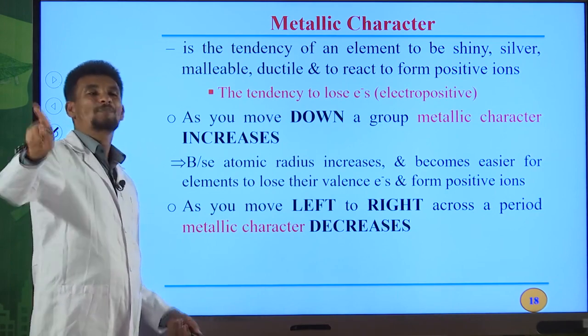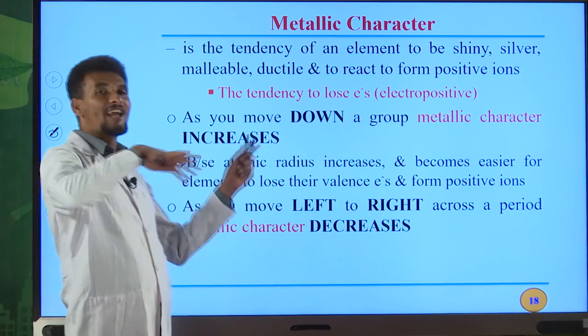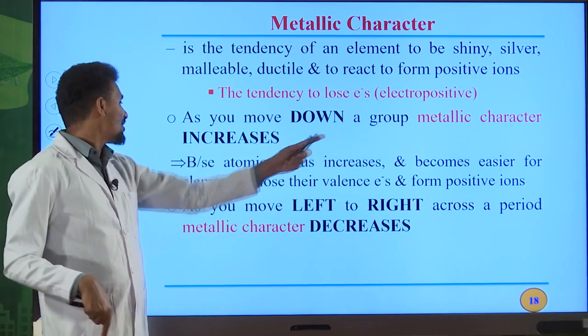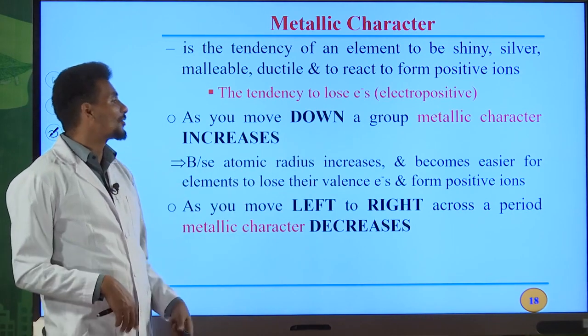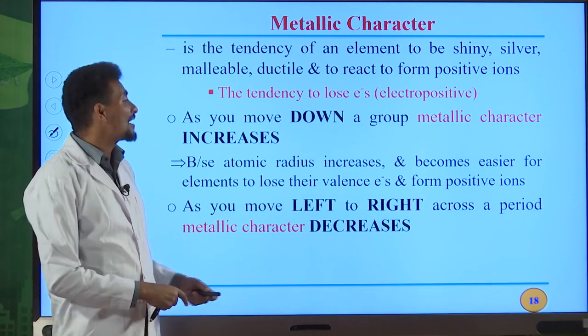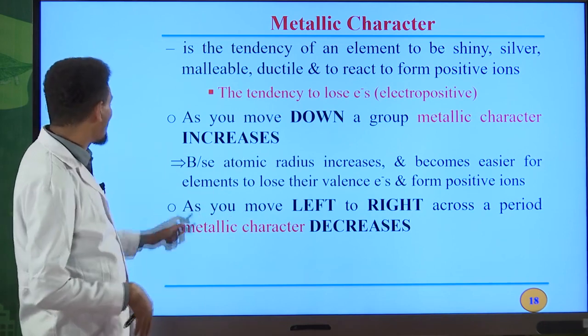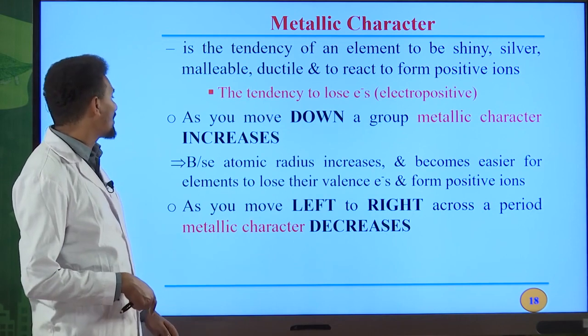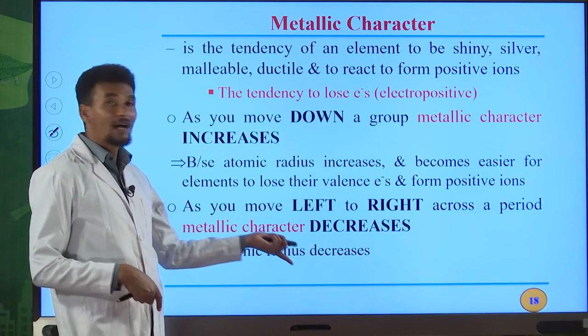Elements easily lose electrons when the shell increases because the attraction decreases. So it becomes easier for elements to lose their valence electrons and form positive ions when their atomic radius increases, because the attraction decreases. As you move from left to right across the period, metallic character decreases, because atomic radius decreases.